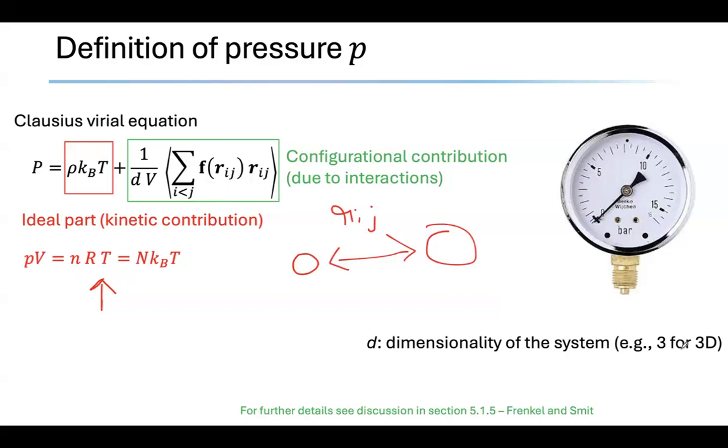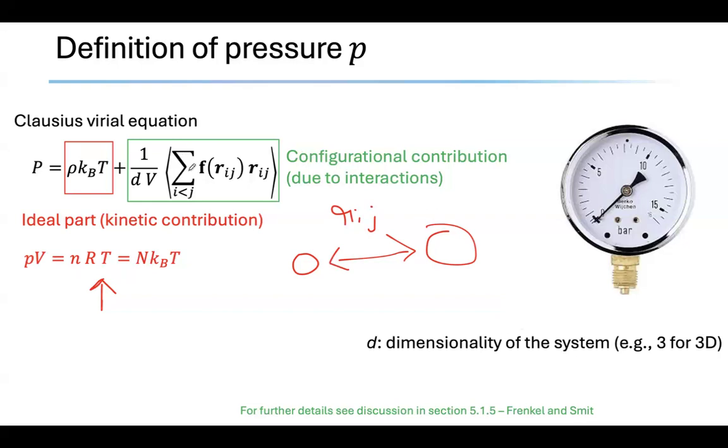And here, once again, the D corresponds to the dimension of the box, and the V is the volume of the simulation box. So this is quite an important definition that you come across for molecular simulations.